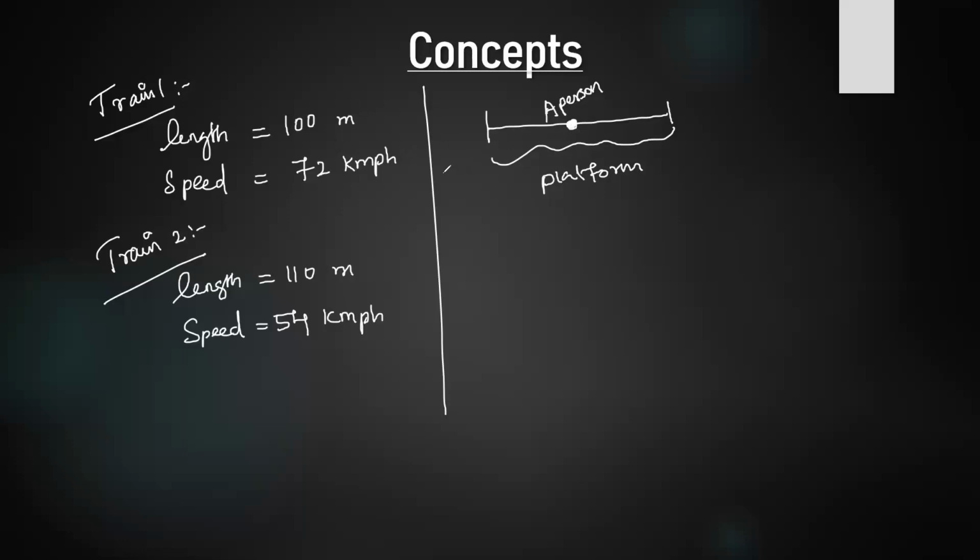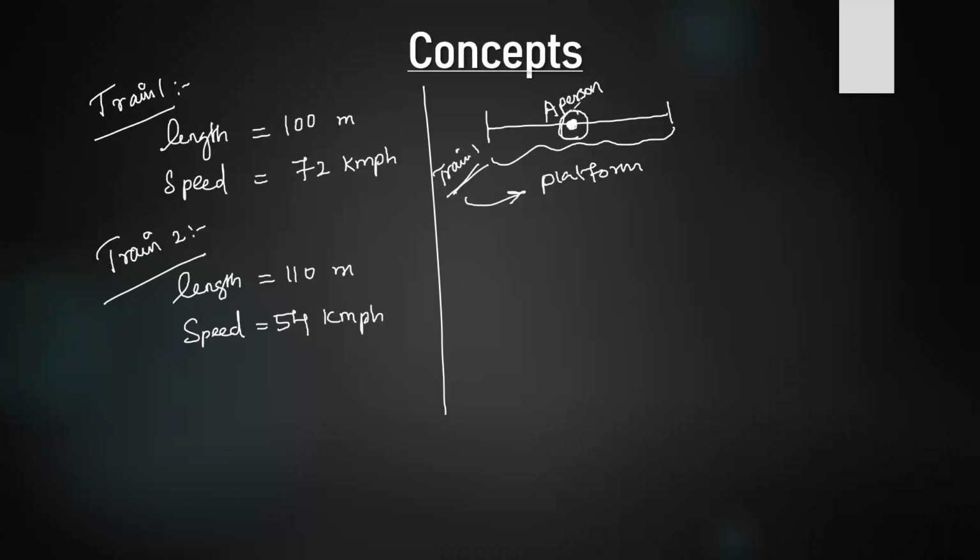a person standing in the platform. This one is platform, right? A person standing in the platform. Train one. How long will it take to cross the person standing in the platform?